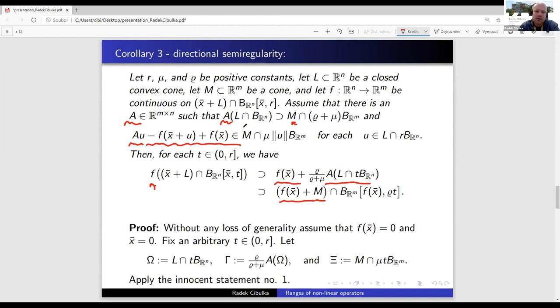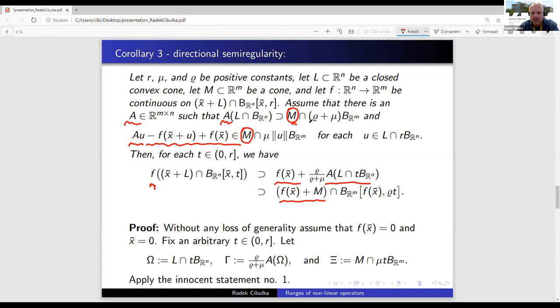If my cone M here is the whole space, then it is semi-regularity or openness at a point, or metric semi-regularity or something like the calmness property for the inverse.